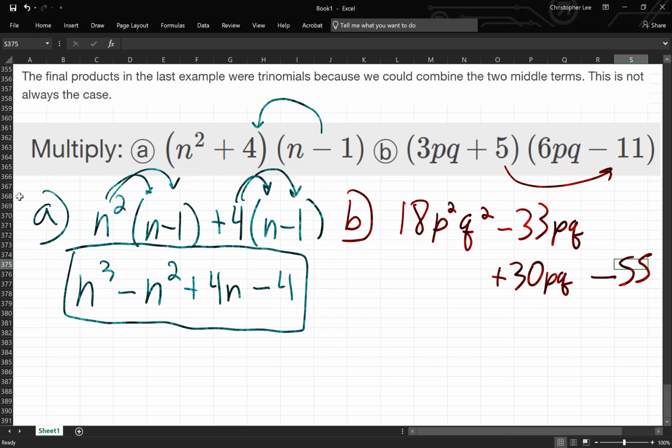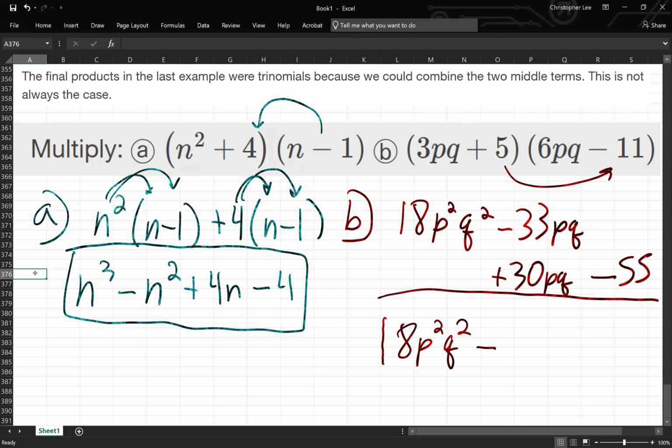Let me move this box real quick. After that, what do we want to do? Combine like terms. What do I have? You've got the 18p squared q squared, then negative 33pq. You can put the 30pq on top of it.